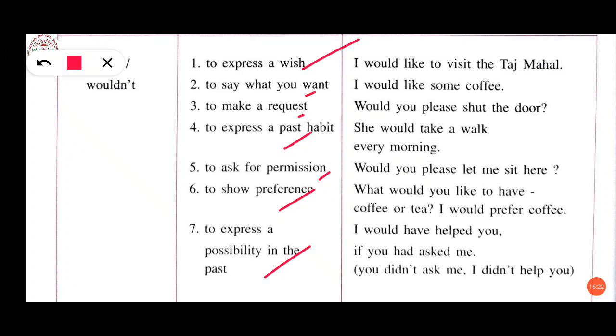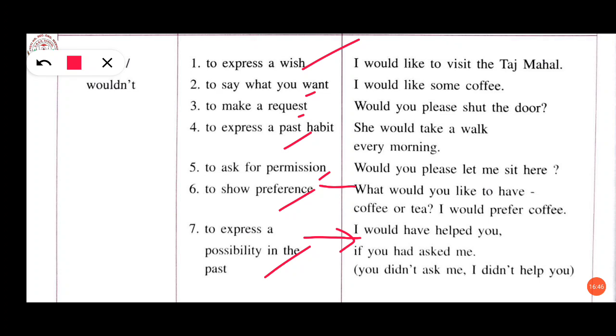Then to show preference, that is, what would you like to have, coffee or tea? I would prefer coffee. If anybody is asking what would you like to have, coffee or tea, you will say I would prefer coffee. It shows the preference. Then seventh is to express a possibility in the past.